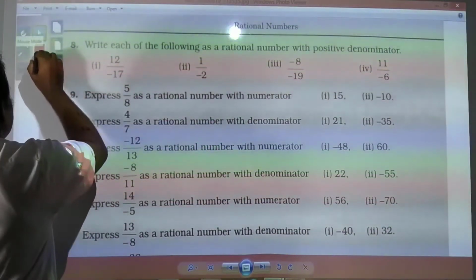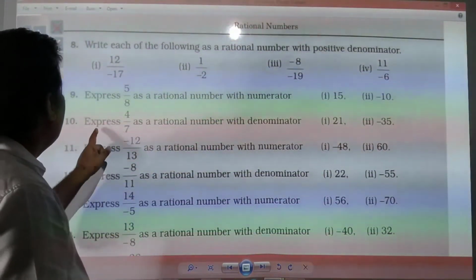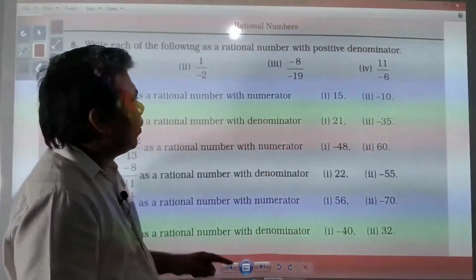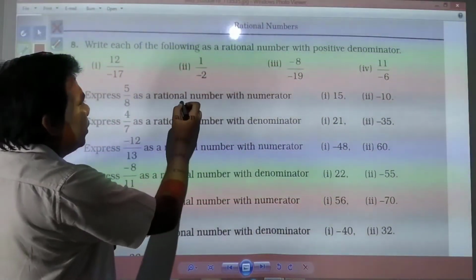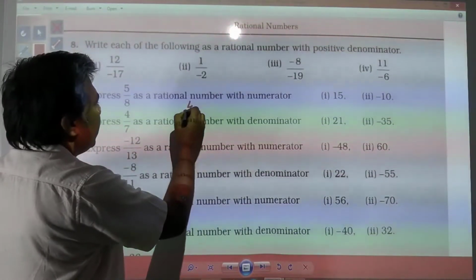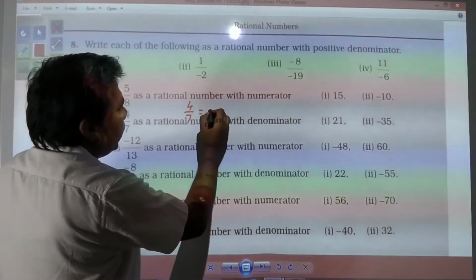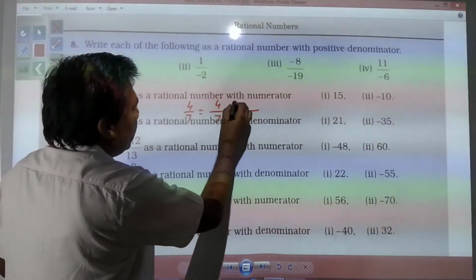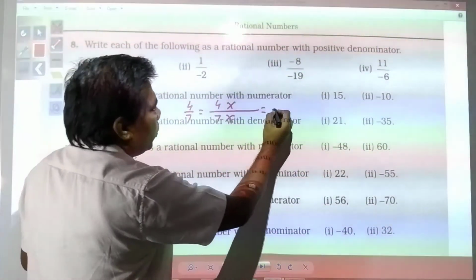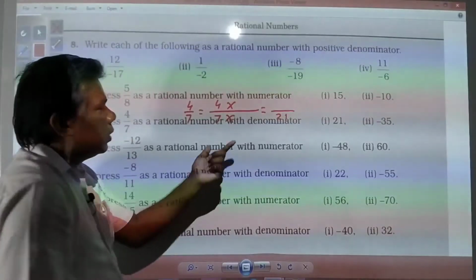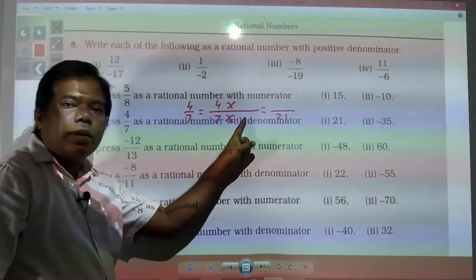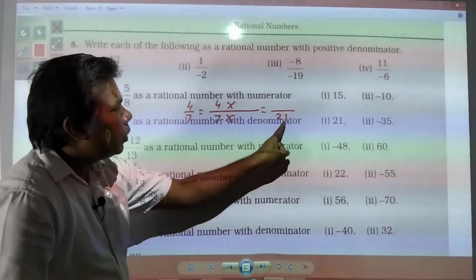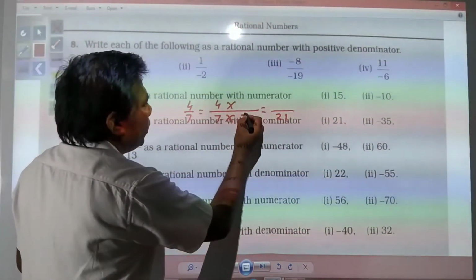Then you see: express 4 by 7 as a rational number with denominator 21. The same thing needs to be done. Here you have 4 by 7 and you need to convert this into the form where the denominator should be 21. What number will we write over here so that it becomes 21? 7 times 3 is 21, so 3 we need to write down.